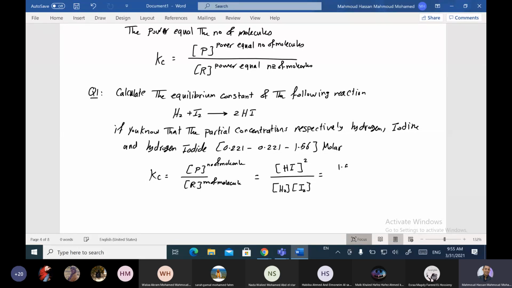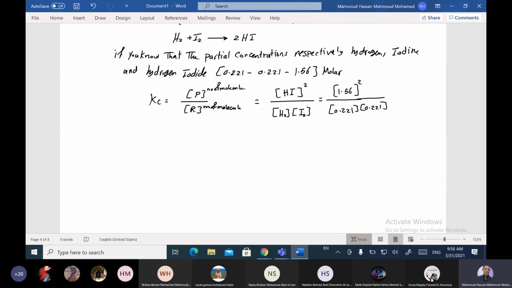So 1.56 to the power 2 divided by 0.221 multiplied by 0.221. The square bracket represents the concentrations, okay? There is no unit for the Kc, this is the ratio between the two concentrations.